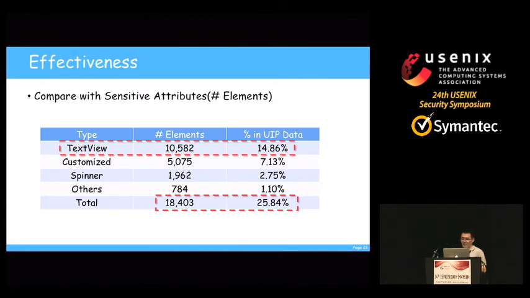It is interesting to note that UIPicker also finds a large number of TextViews as UIP data elements. We find such UIP data are mostly generated by users from other layouts first, and then dynamically filled into these TextView elements later. For example, the data could be generated from a registration form filled in a previous step, or the data is fetched from the server after users log in.